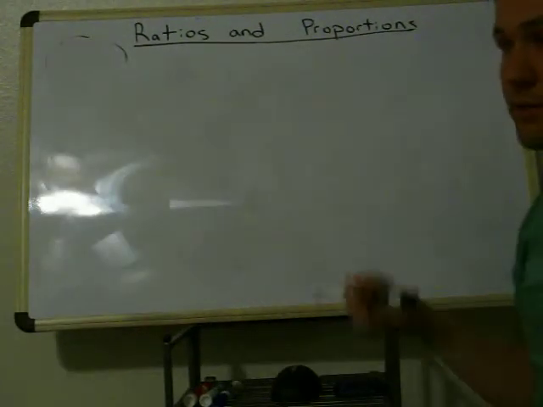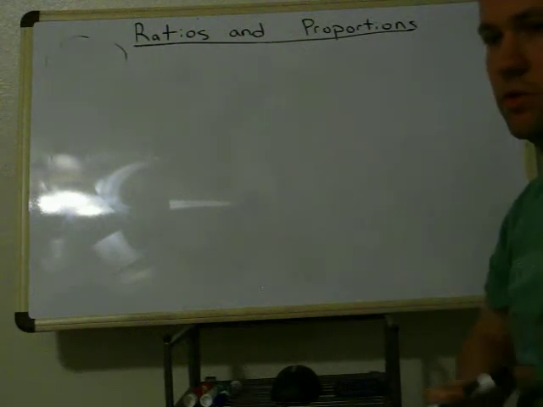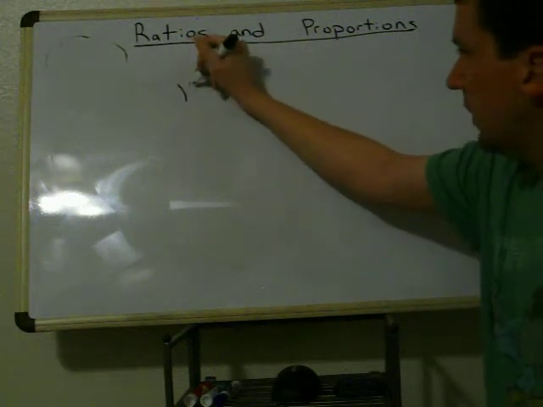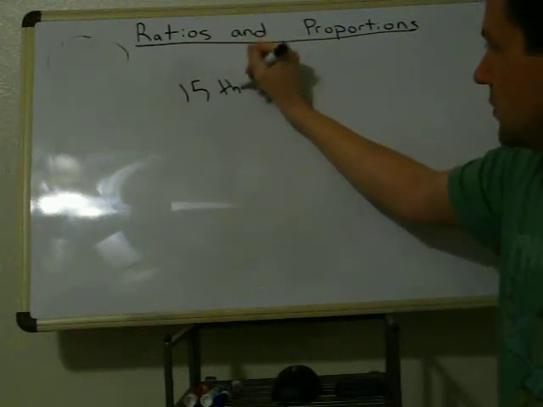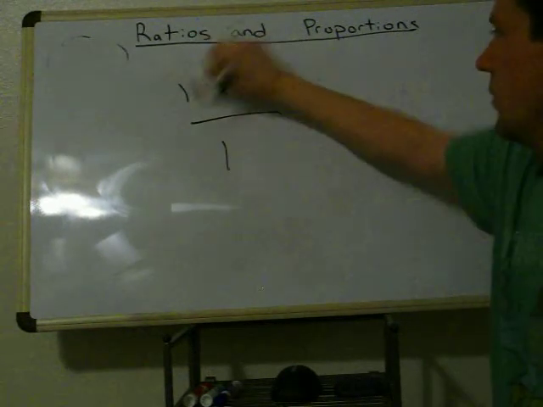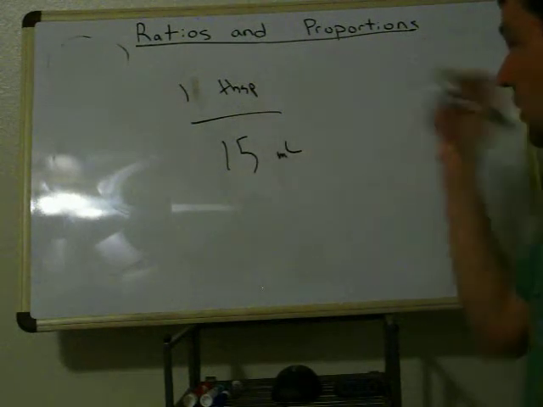That about covers it. Again, you want to just pay real close attention to your units. So like if in the previous problem that we did, we had 1 tablespoon for every 15 milliliters.